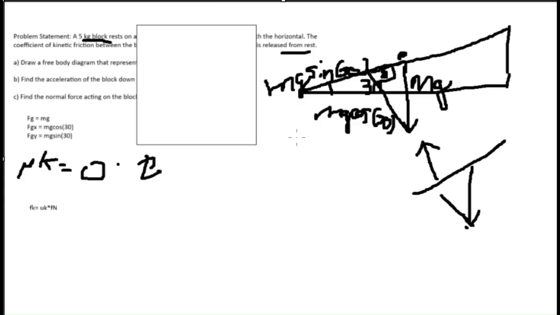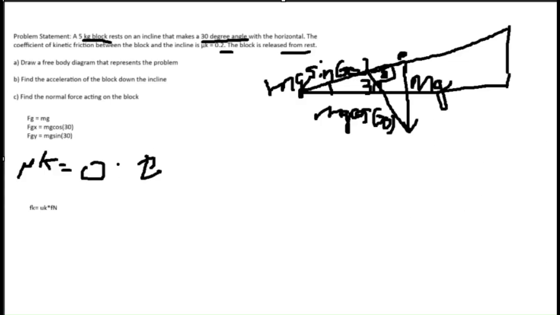As you can see within our free body diagram, this component is also perpendicular to the incline. So the normal force would also be perpendicular to the incline, however going in the opposite direction. From this, we could say that the normal force is equal to mass times gravity cosine theta, or 30.